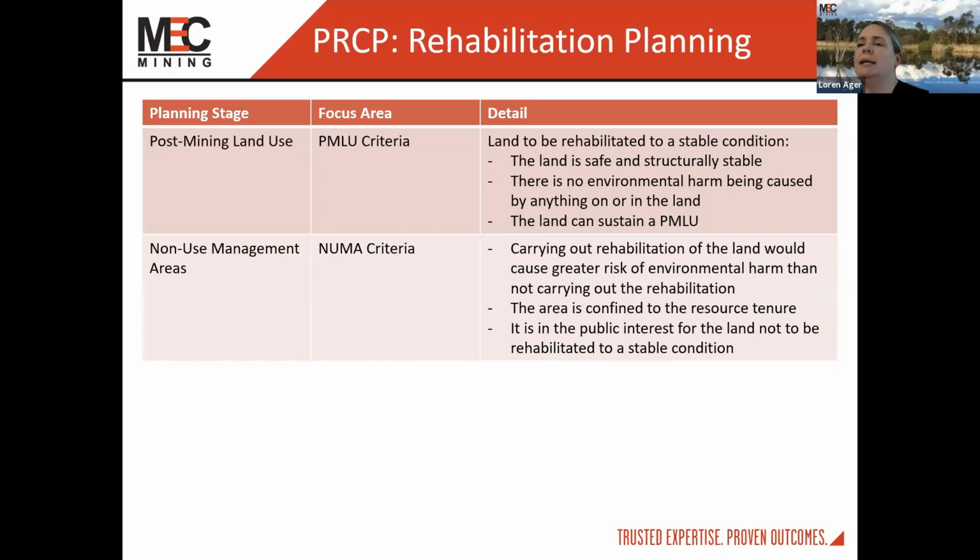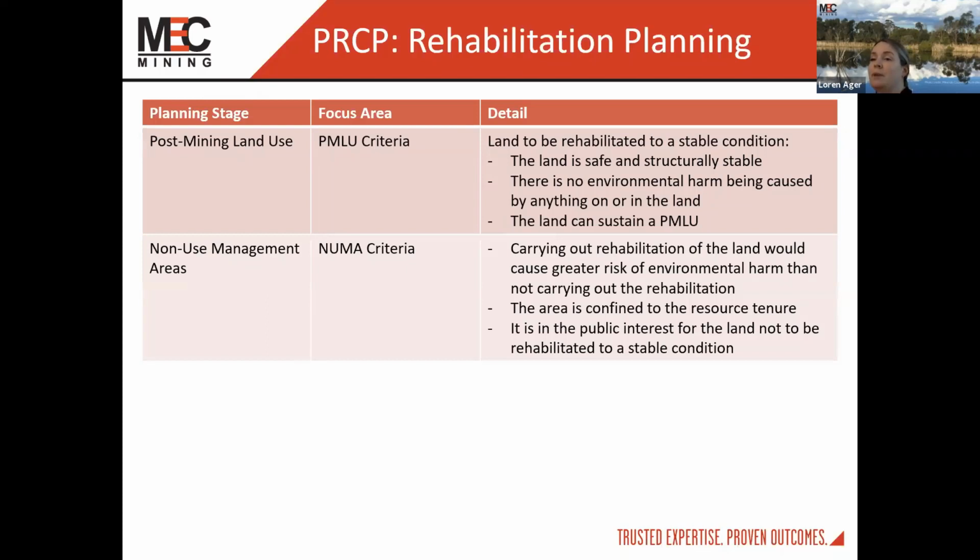So NUMAs, as we discussed, are areas that cannot be rehabilitated to a stable condition after all relevant mining activities or activities in the area have ended. And so I did discuss this, but final voids being left in a metalliferous mine potentially cause damage to mine water, so groundwater sources.